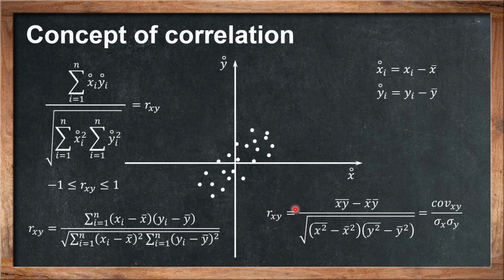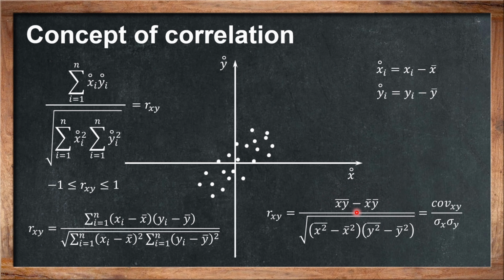So the correlation coefficient would be equal to xy average minus x average times y average, divided by the square root of the product of two variances, variance of x and variance of y. Since this is the variance of x, this is the variance of y, the square root would be just the standard deviation of x, standard deviation of y, and what we have in the numerator would be the covariance of x, y.